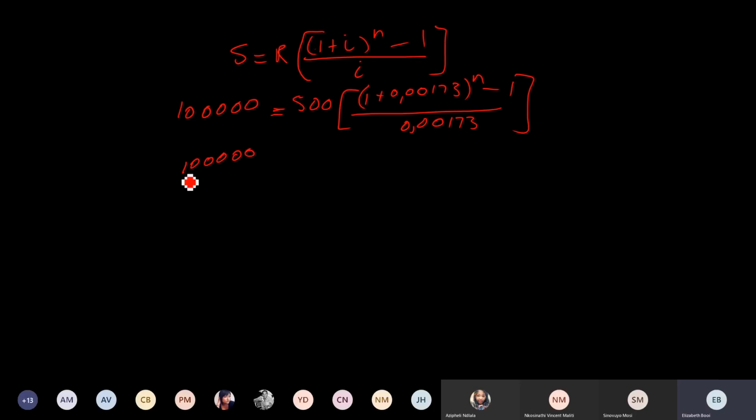So it's 100,000 divided by 500. We are left with 1 plus. And we can also solve what is inside the bracket there. When we solve what is inside the bracket, we'll have 1.00173 to the power n minus 1 divided by 0.00173. 100,000 divided by 500 gives us 200.